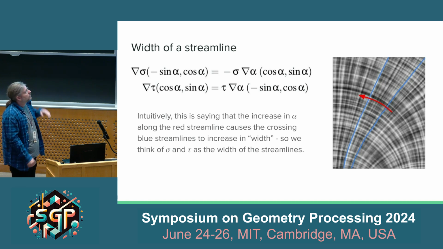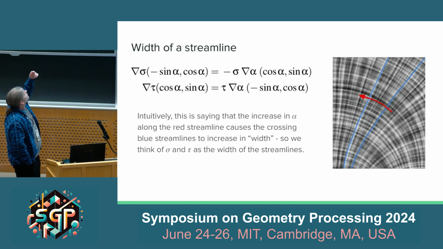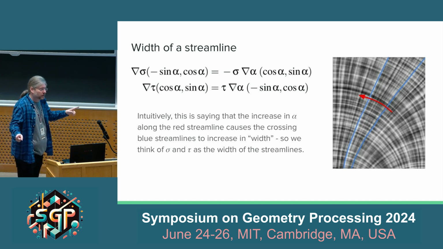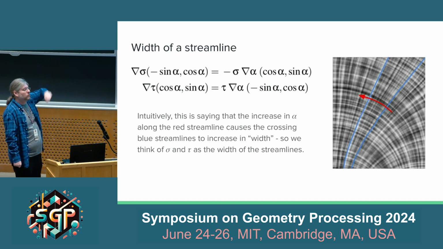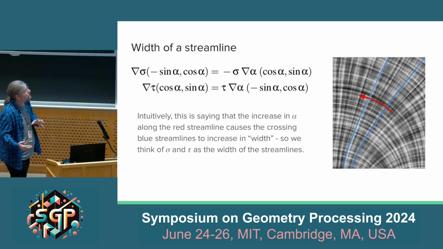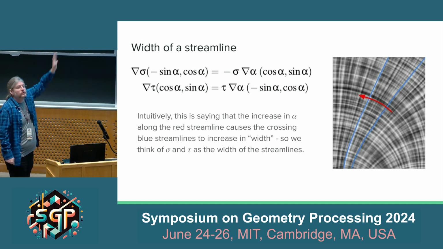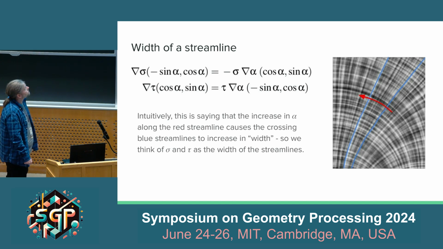So along any field line orthogonal to the direction of the field alpha, sigma is the growth or the width of that field line. And similarly, tau is the measure orthogonal to alpha, but it changes as we move along alpha. So tau is also the width of field lines. So the difference between sigma and tau is just the direction of the field line you're traveling along.